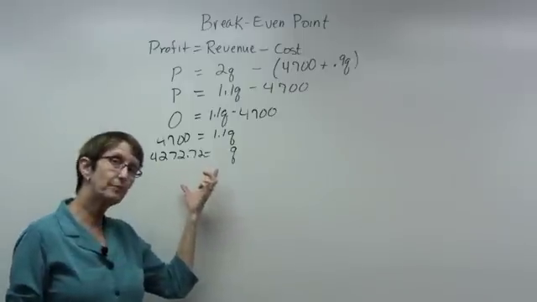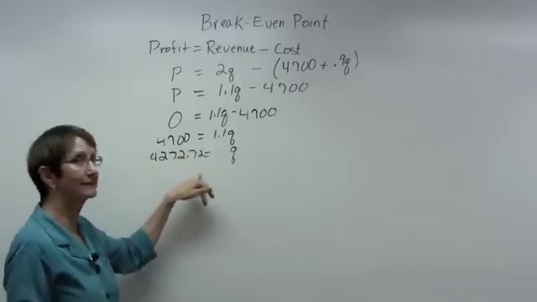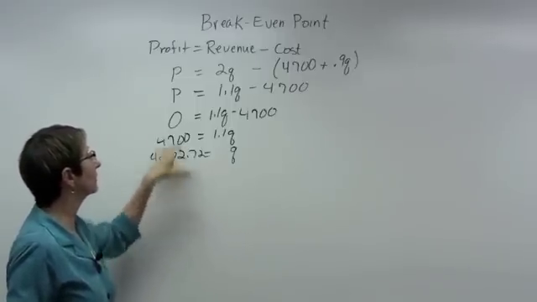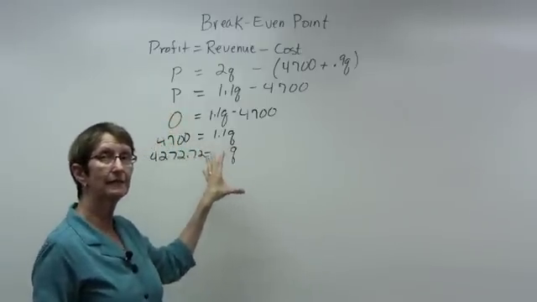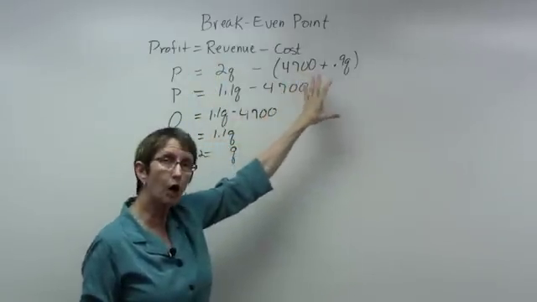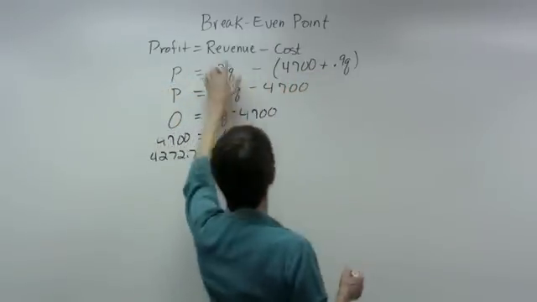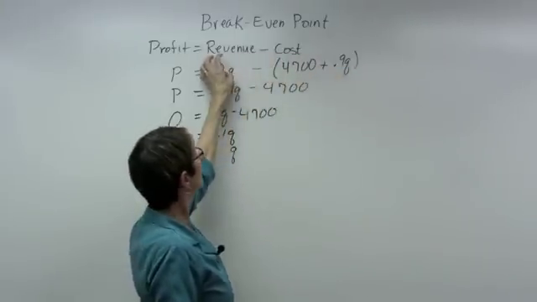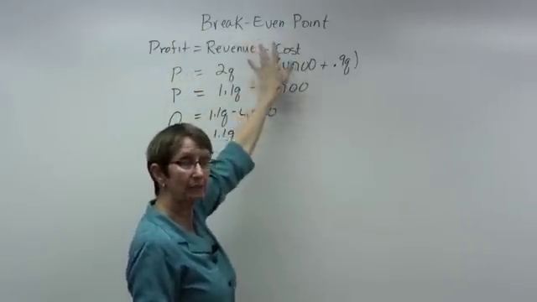Now remember, these are pencils, so we need an integer. If these were cases of pencils, we could have decimals, like half a case or 7/10 of a case, perhaps. So this is the value that we've got if we want to break even. Now there is another way to look at breaking even. The revenue has to be big enough to take care of the costs. When profit is 0, remember profit is revenue minus cost, so we can have cost equal to revenue, because then they would subtract out.